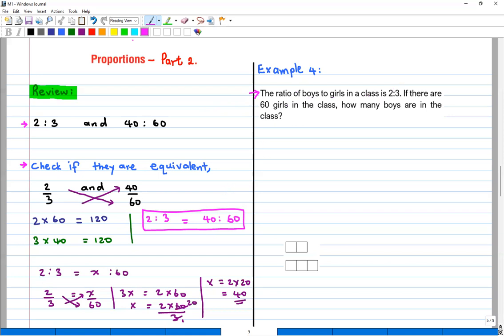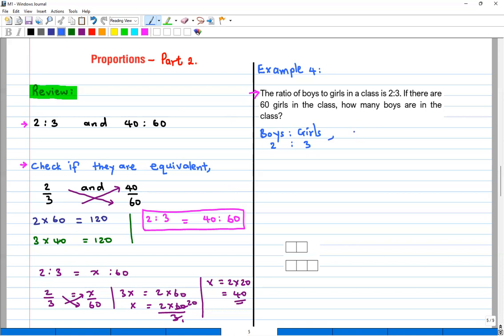You see, we have boys to girls, and the ratio is 2 to 3.